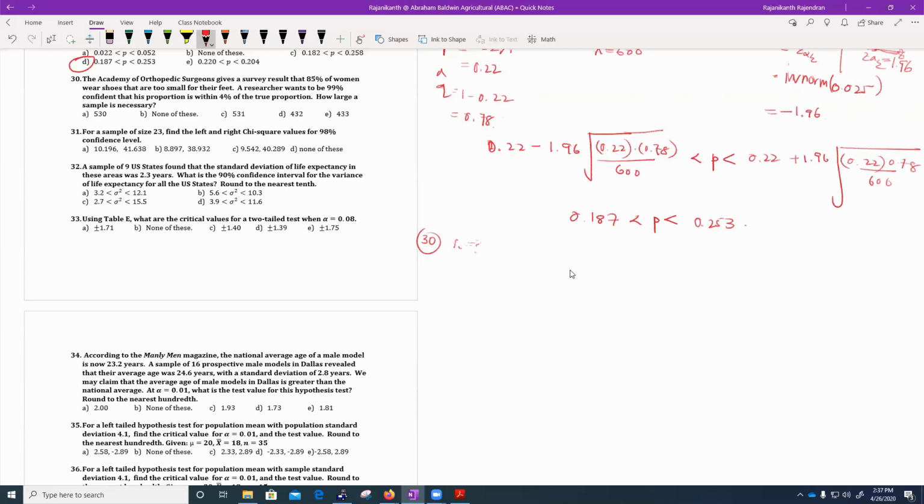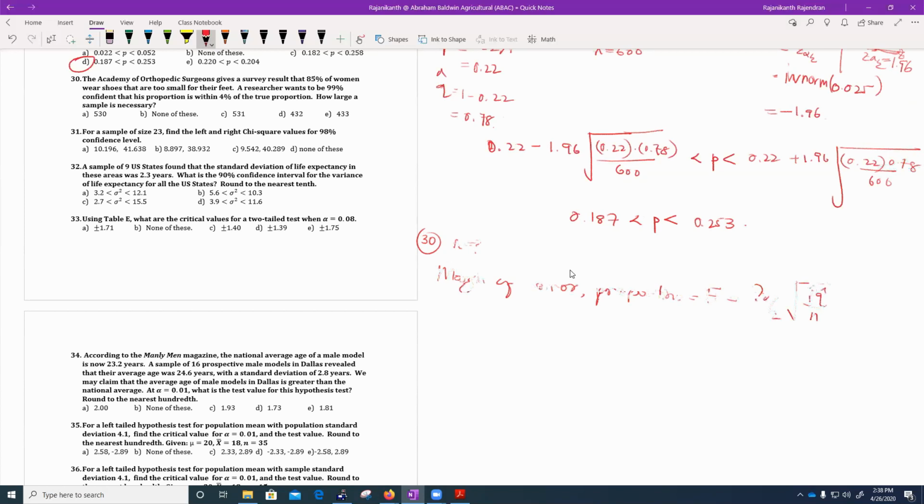Now for the margin of error for the proportion problem, again we use E. Now the things are a little bit different. Here the formula is z alpha over 2 times the square root of p hat times q hat over n.